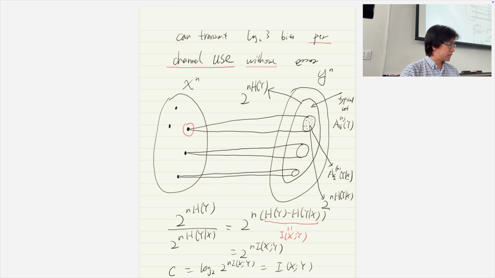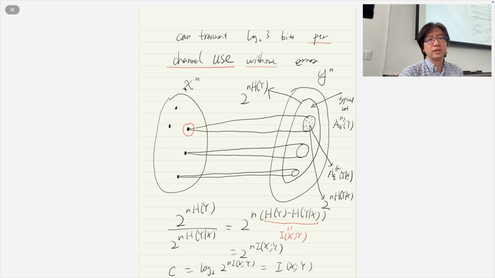Okay, so let's introduce the channel capacity. One thing to remember here is that this x^n is not the source message. The source message is n. So this is the source code, which means we can design it. It's not given by nature.